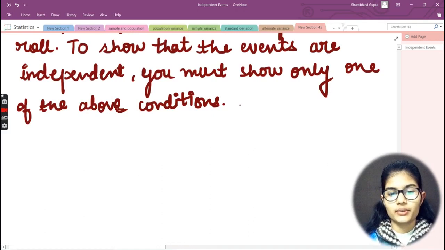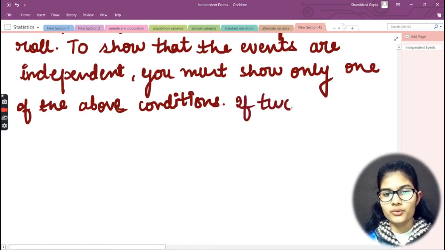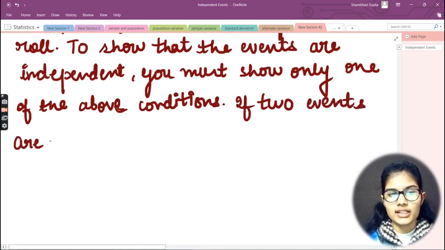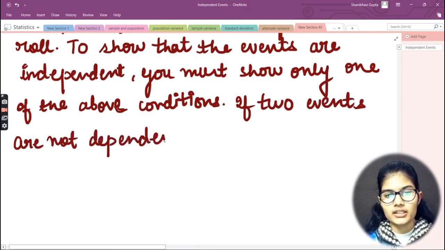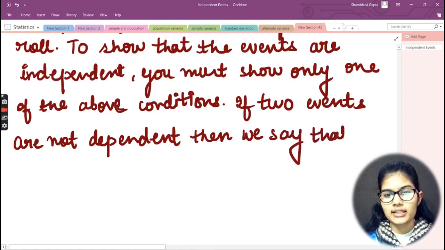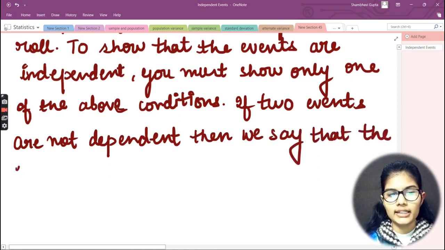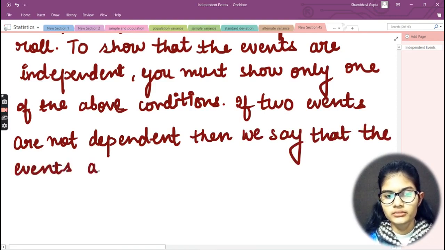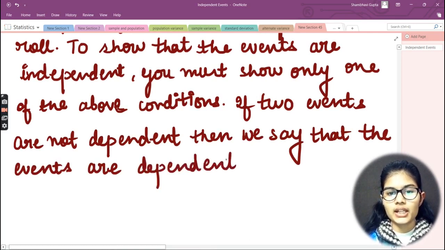I would just write that out: if two events are not independent, then we say that the events are dependent.